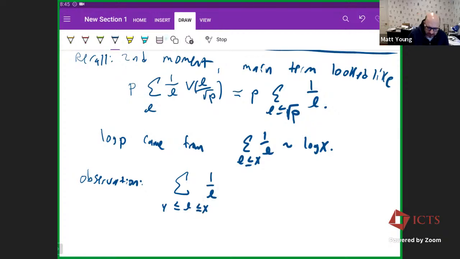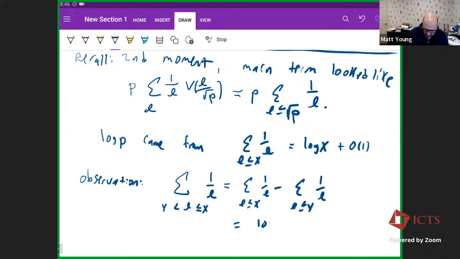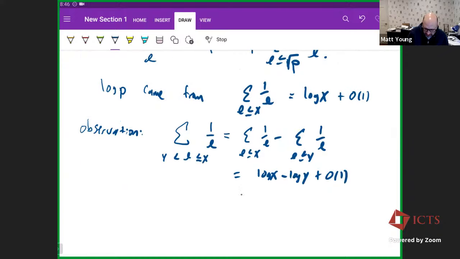The sum is equal to log of x plus big O of 1, and the big O of 1 you can quantify as well. You can get lower order terms here. Let me make this one-sided just to be cute. This is the same as the sum over L up to x of 1 over L minus the sum over L up to y of 1 over L. And so this is log of x minus log of y plus big O of 1, which is the same as log of x over y plus big O of 1.